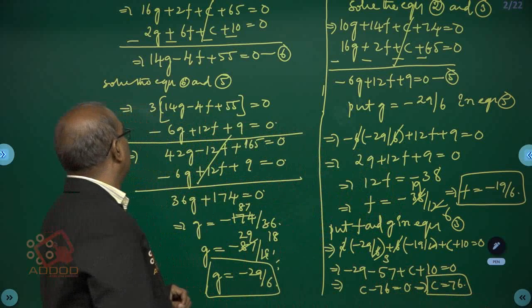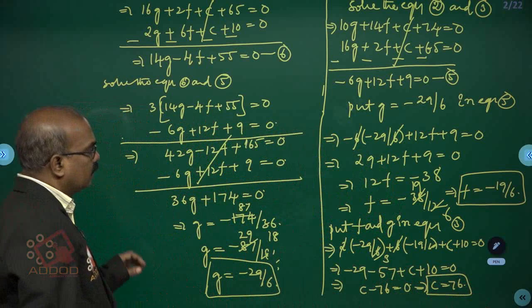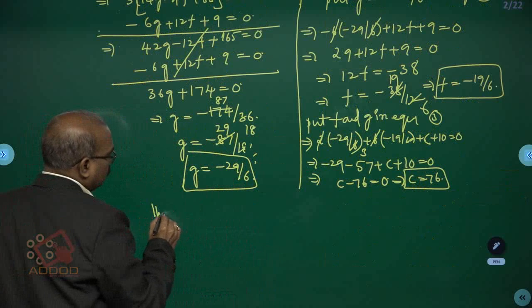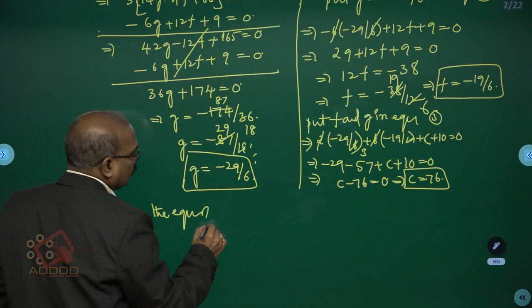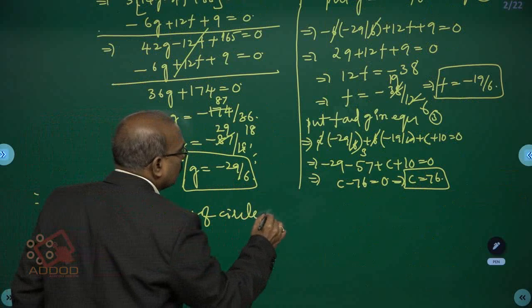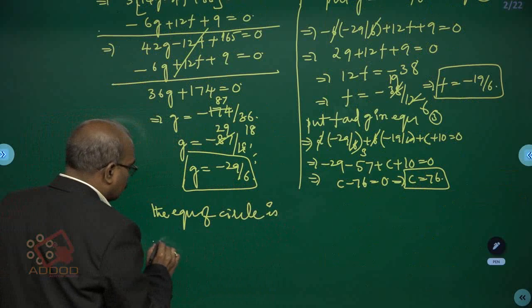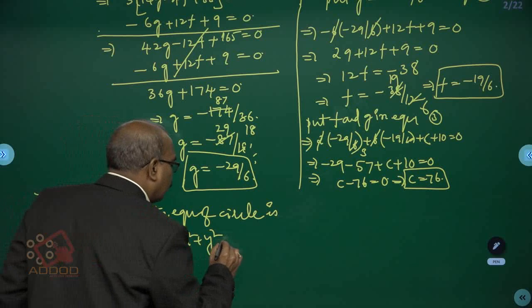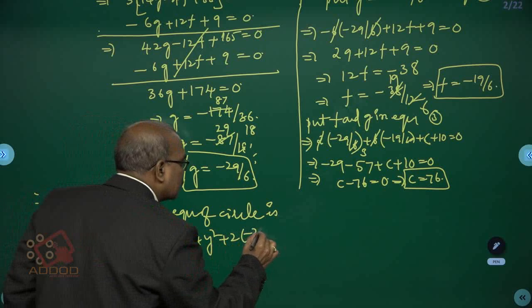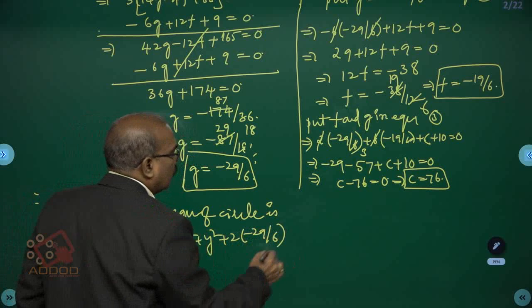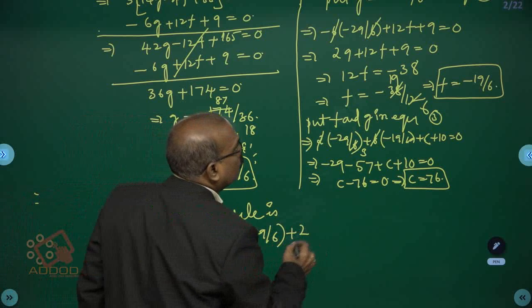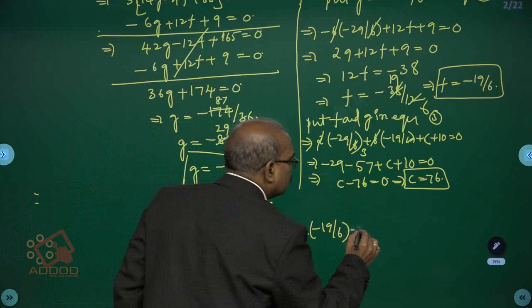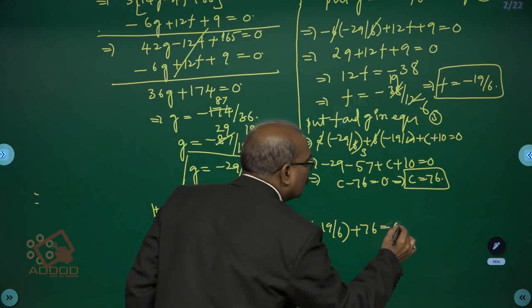So therefore the equation of the circle is x square plus y square plus 2 into G, -29/6, plus 2F, that is -19/6, plus C, 76 is equal to 0.